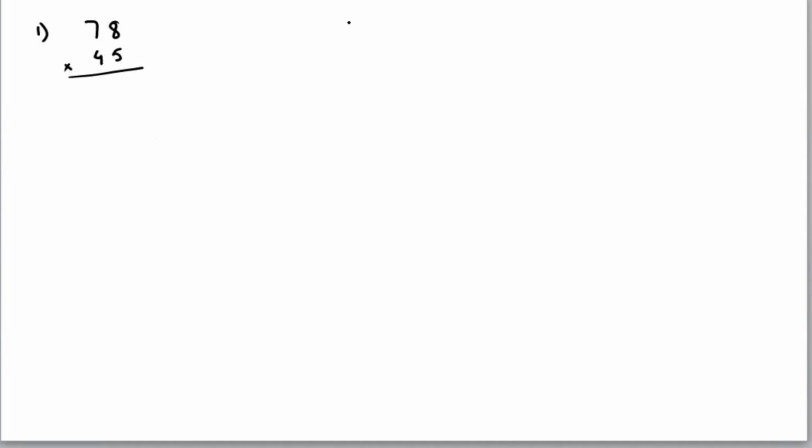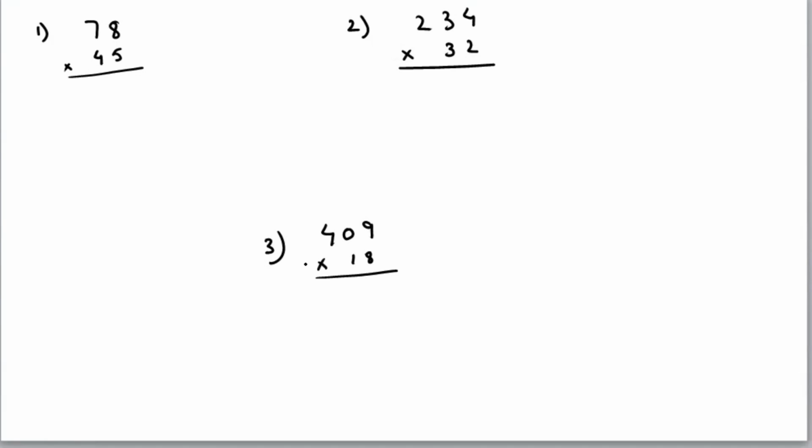The second question is 234 multiplied with 32. And the third one is 409 multiplied with 18. Pause the video and solve it and then match with my answer whether you get it correct or not.